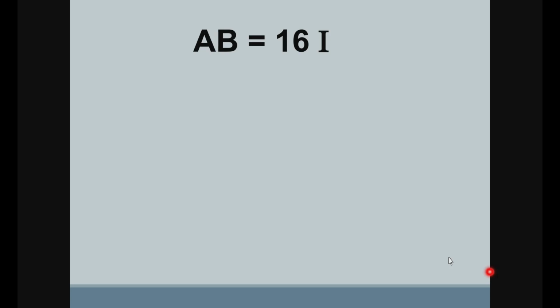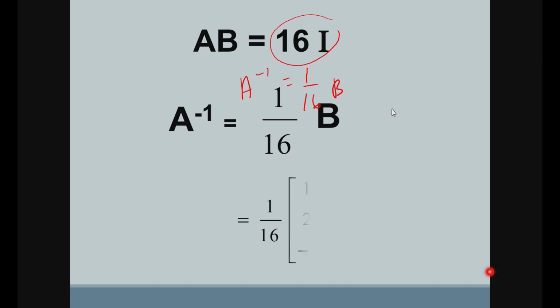Since AB equal to 16I, where I is the identity, A inverse is 1 over 16 times B. We know just now the value of B here, because AX equal to B, right?